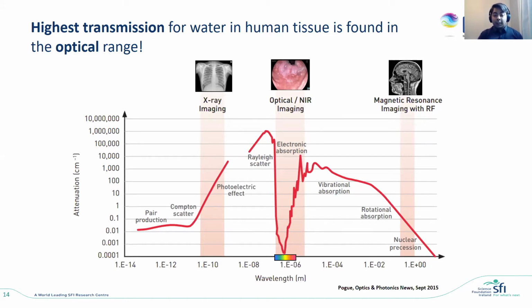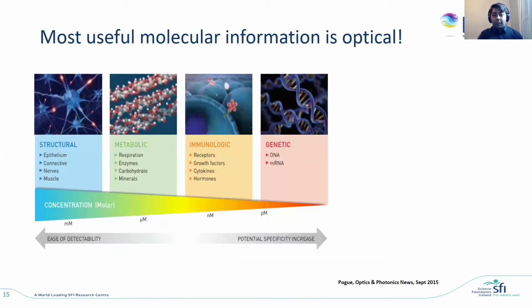Another thing that is special about this optical range is that most of the useful molecular information is actually optical. If you see the changes that are occurring because of a disease, once these changes are related to a higher concentration of biomolecules that are changing, it's very easy to detect, as you can see in the figure here to the left.